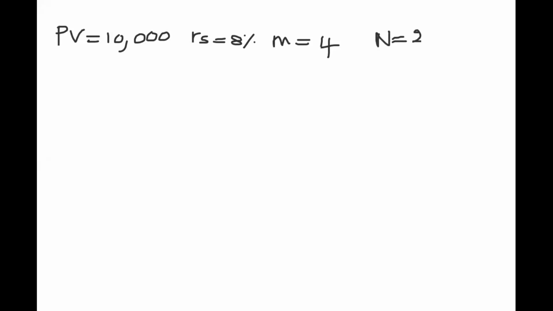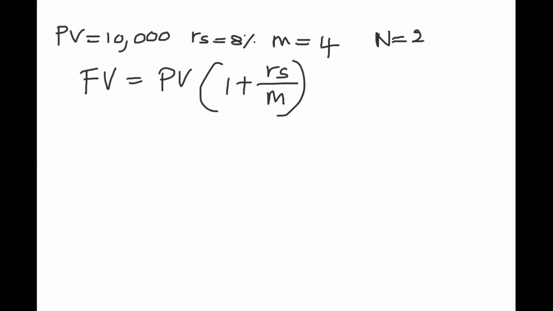Then the formula should be written. The formula is FV equals PV times 1 plus RS divided by M to the power MN.